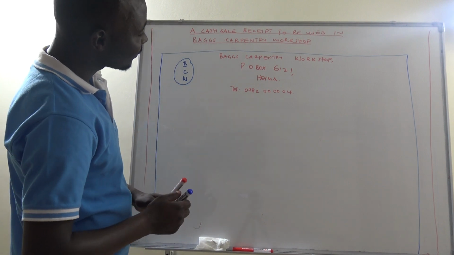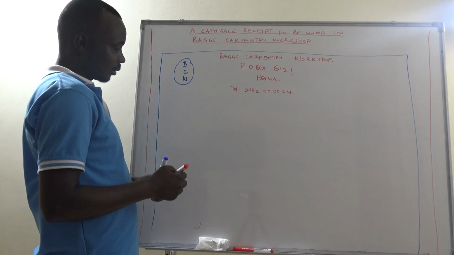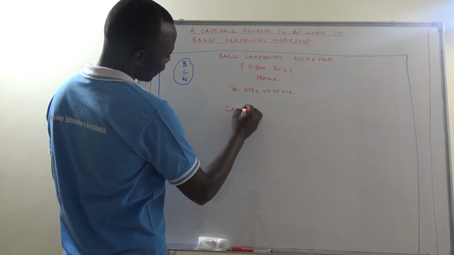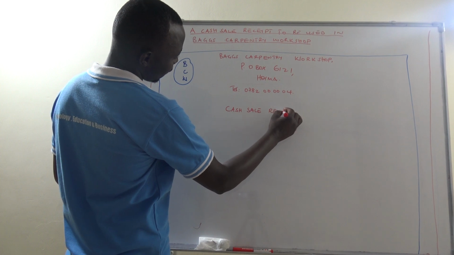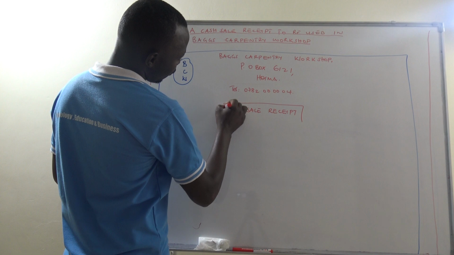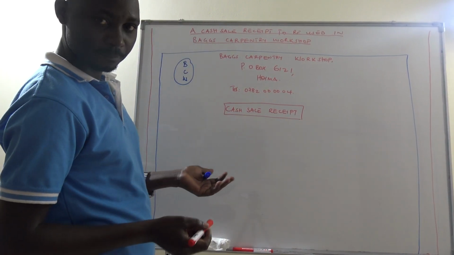Then after that, what are we preparing? We are preparing cash sale receipt. Try also to put it in the box to show that we are bolding.